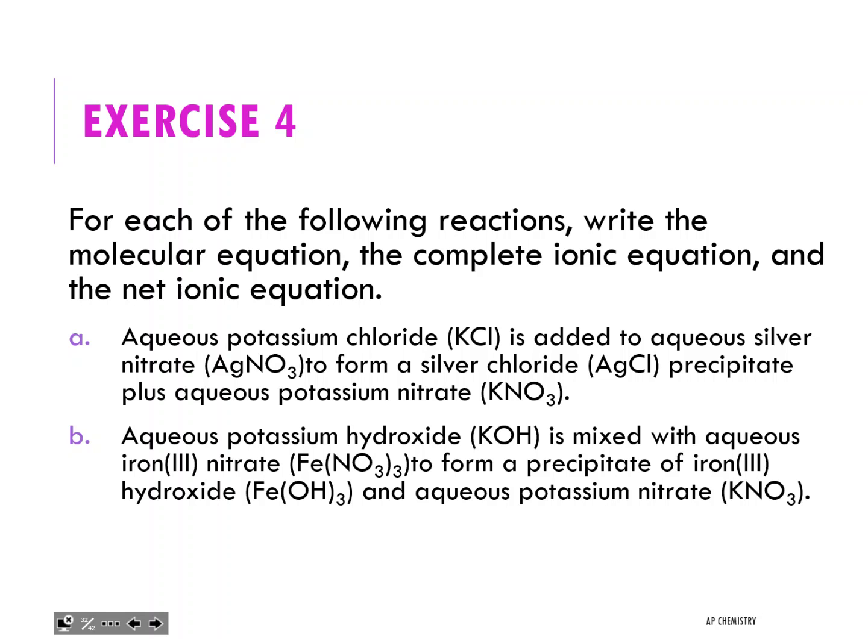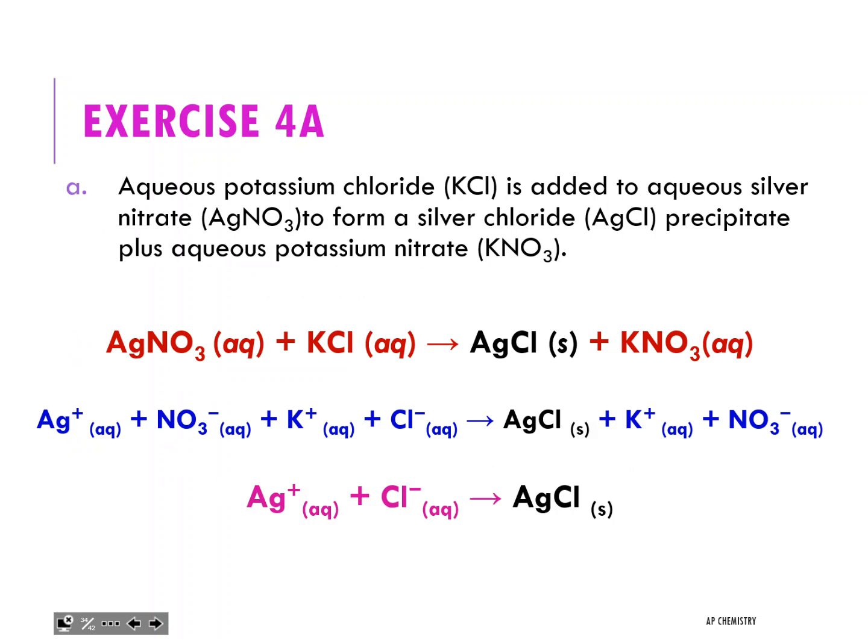Okay, first one probably wasn't that awful because everything was 1-to-1. Silver nitrate, potassium chloride. Notice that the silver chloride precipitates out if you follow your solubility rules. And you end up with the potassium nitrate over there on the right, aqueous. Break it up all into their ions here.